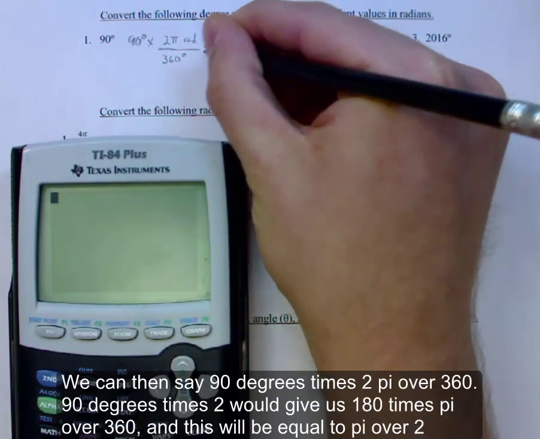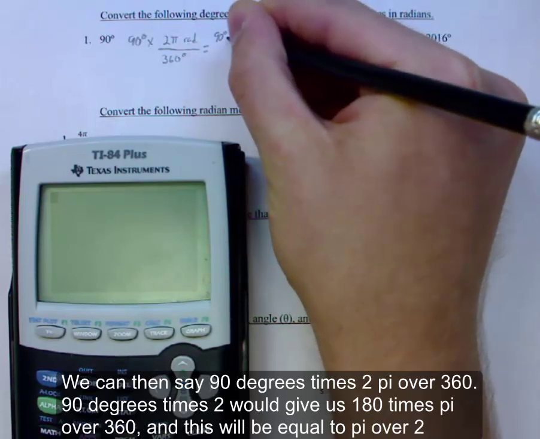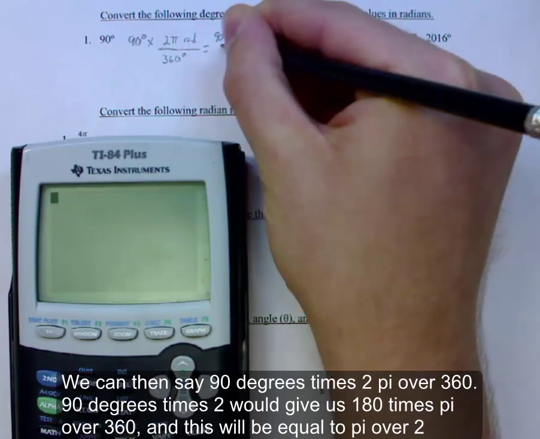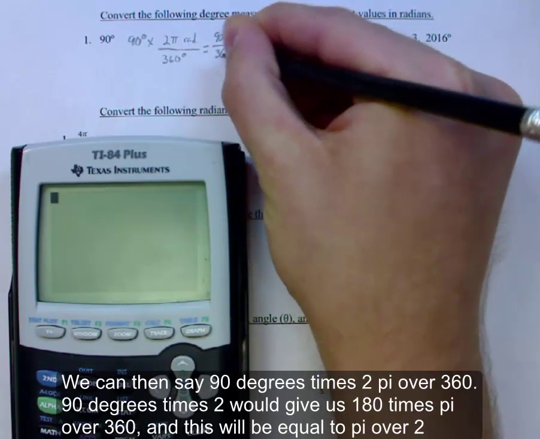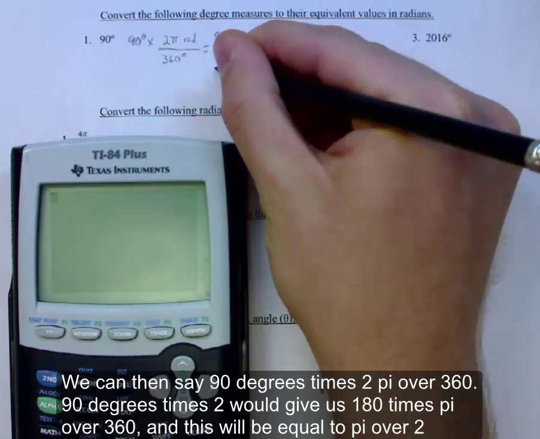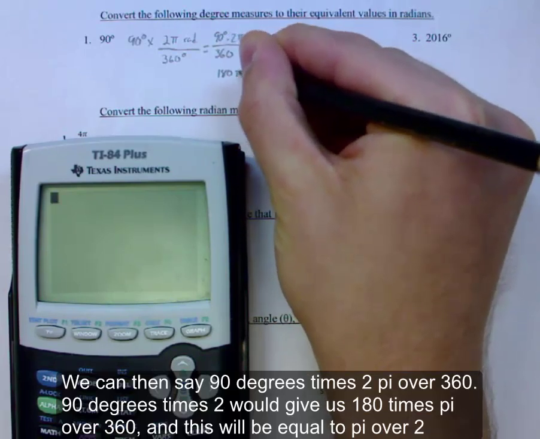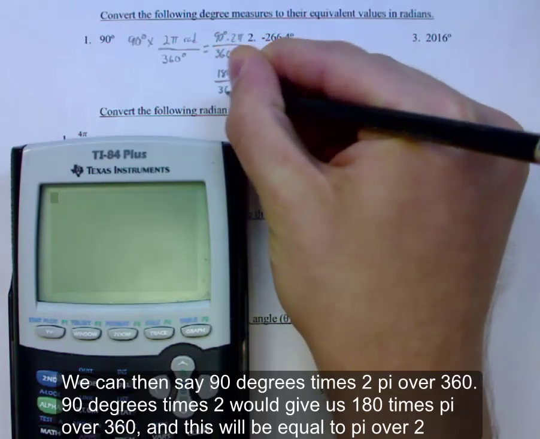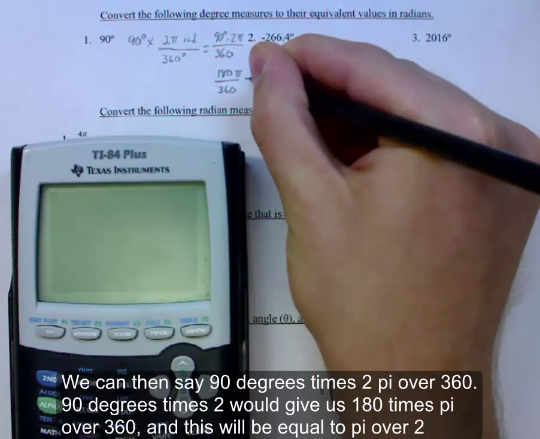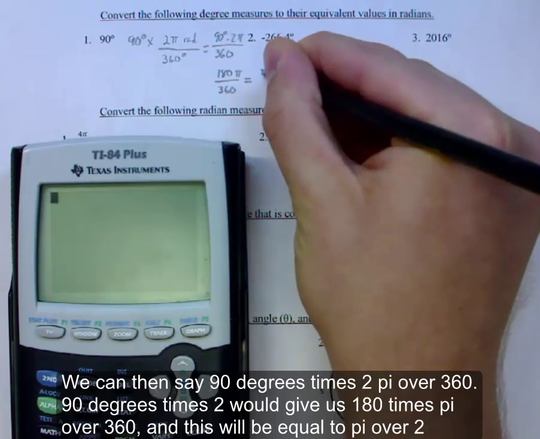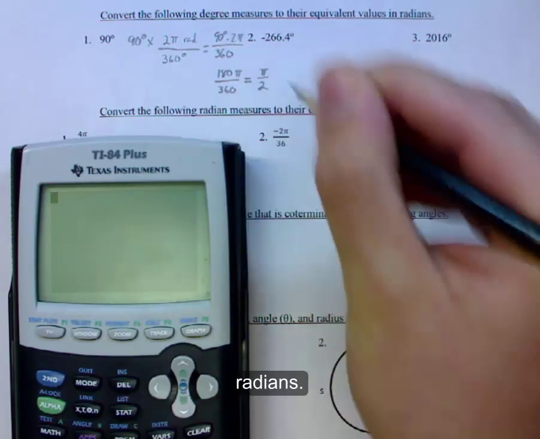We can then say 90 degrees times 2 pi over 360. 90 degrees times 2 would give us 180 times pi over 360. And this will be equal to pi over 2 radians.